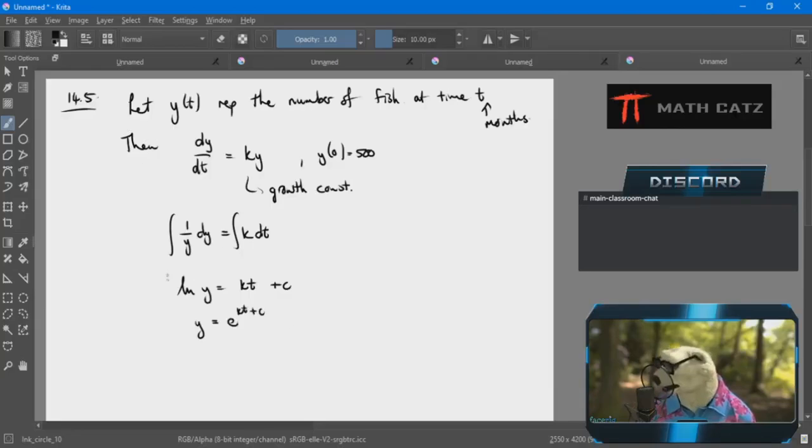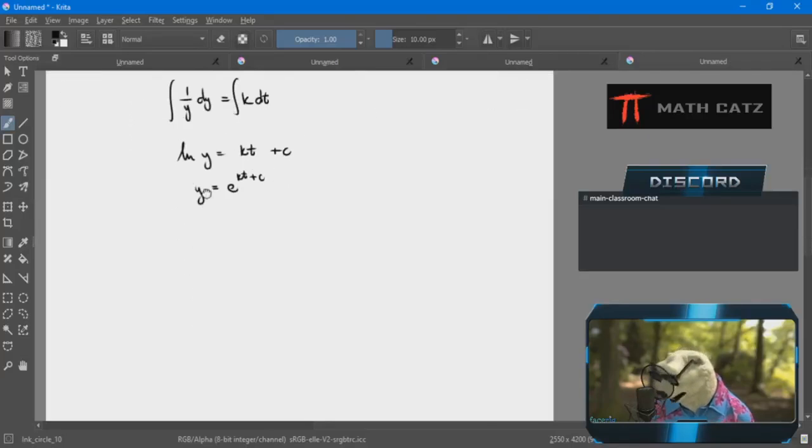And this is always going to be the same. Sometimes I have k, sometimes I don't, sometimes I have initial population, sometimes I don't, who knows. Then I'm going to write this as big M e to the kt, where big M is equivalent to e to the c for convenience.